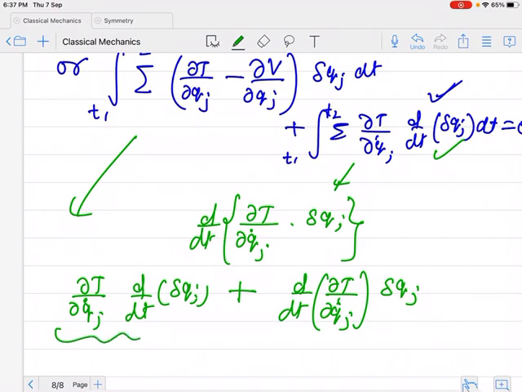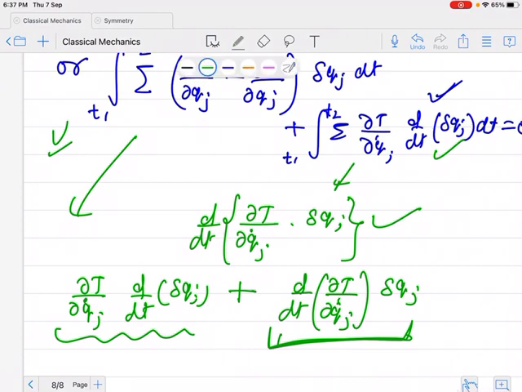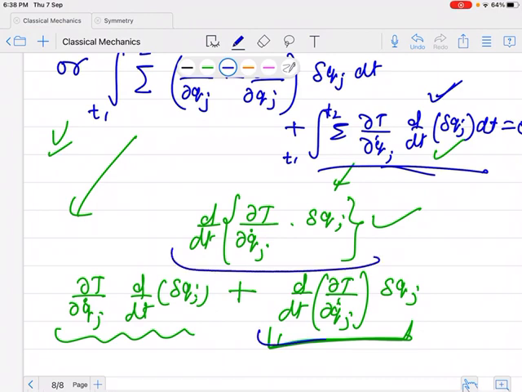So this term I can write as this minus this. It is very interesting. So I am rewriting the equation, and this is replaced by this minus this.